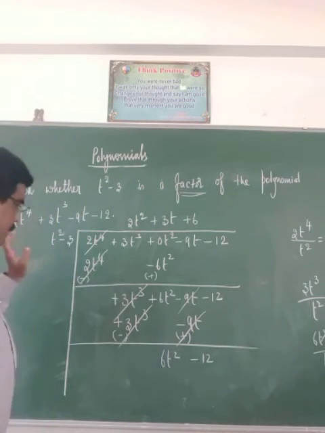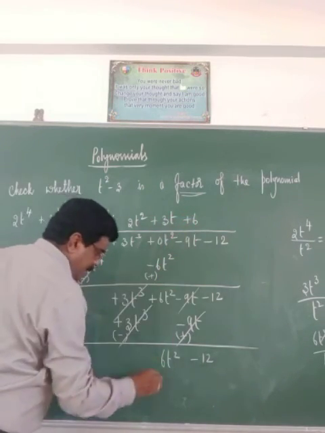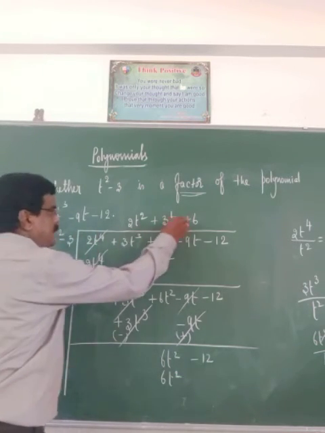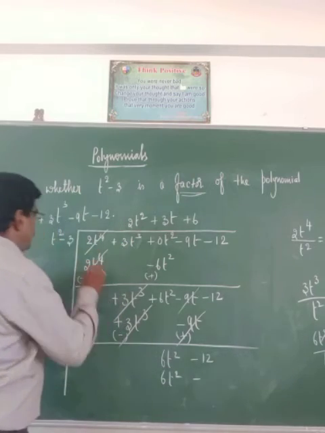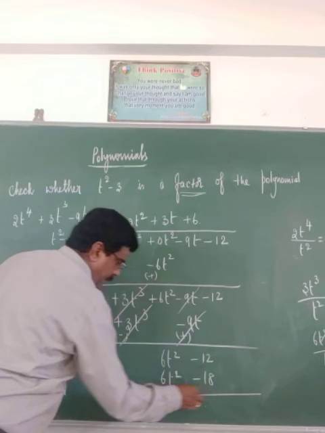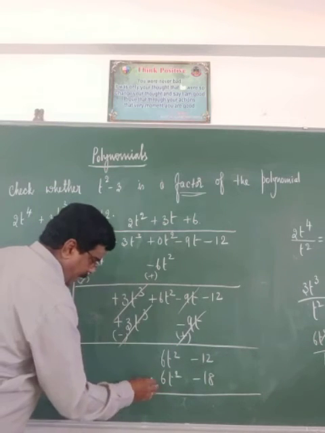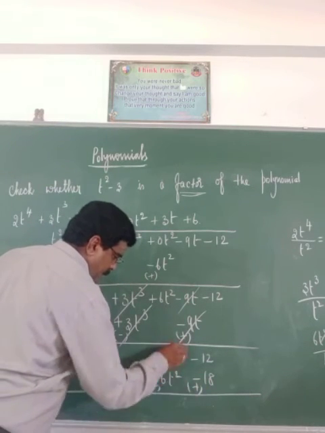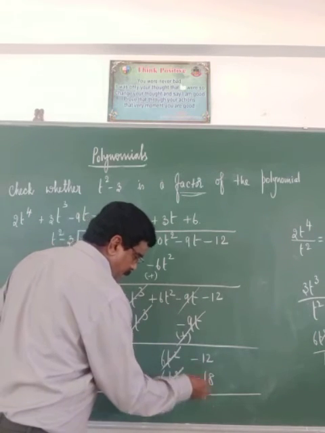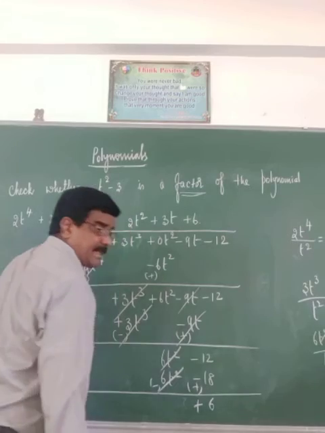Let us multiply again. t square into 6 is 6t square, minus into plus minus 3 into 6, 18. Change the sign. 6t square gets cancelled. We got here plus 18 minus 12 means it is plus 6.